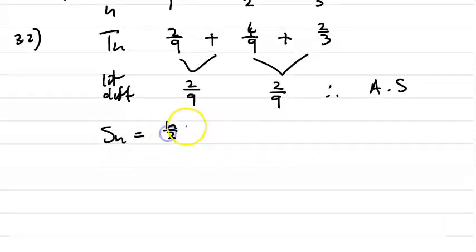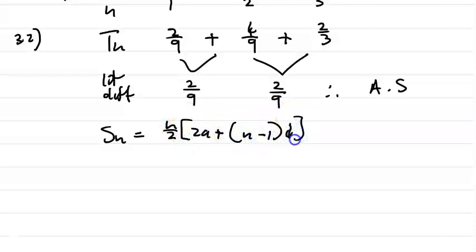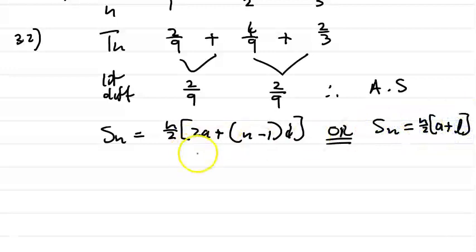Well, there's Sn equals n over 2 times (2a plus (n minus 1) times d), or if you know the nth term, it will be Sn equals n over 2 times (a plus L), where L is the last term. But we're going to use the first one, right? Because we've got n equal to 12 here, and we don't know what the last term is.